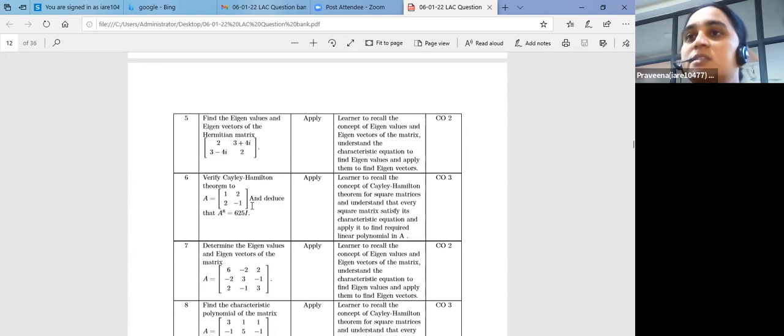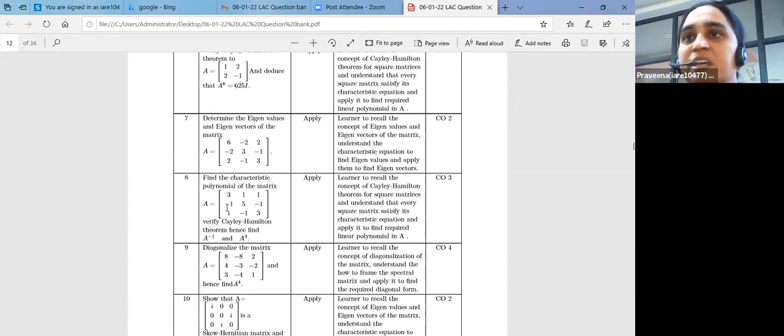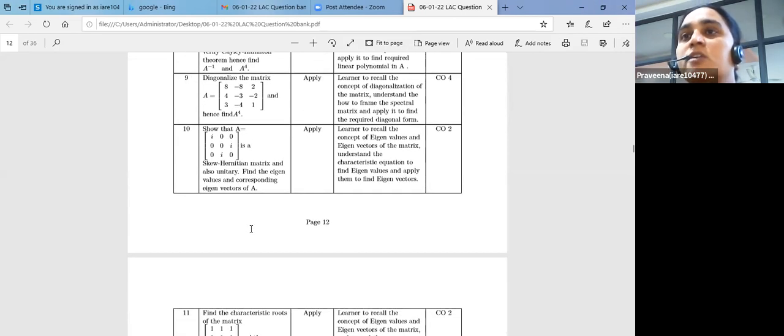The model question is there in your notebook, ma. Next, seventh question, find the eigenvalues and eigenvectors of the matrix. And the eighth question is the same: verify the Cayley-Hamilton theorem and find A inverse and A power 4. And the ninth question is also: diagonalize the matrix and hence find A power 4. And the 10th question is also there in your notebook.